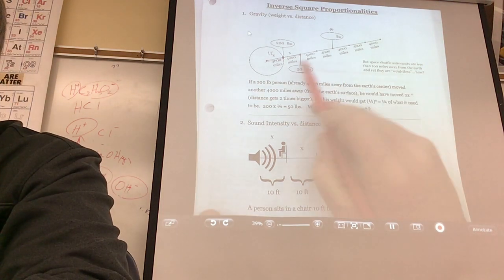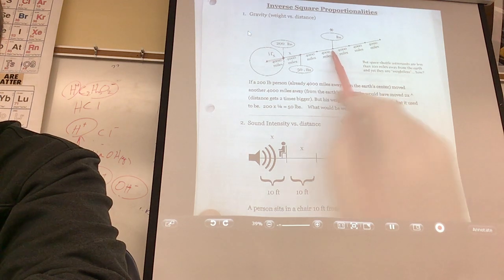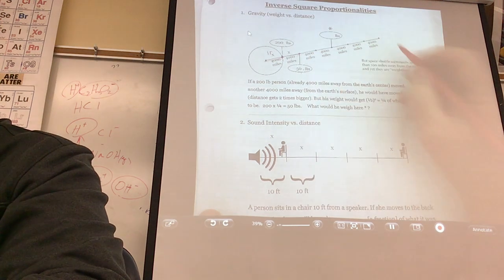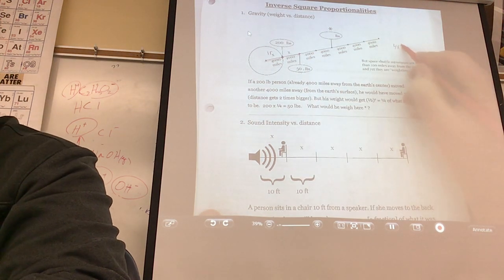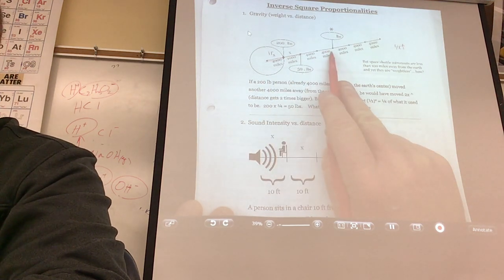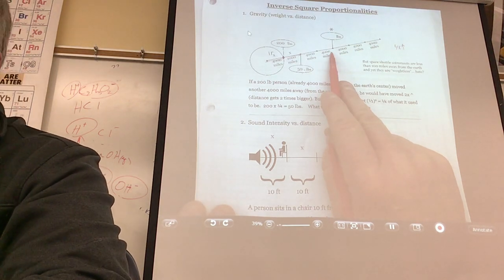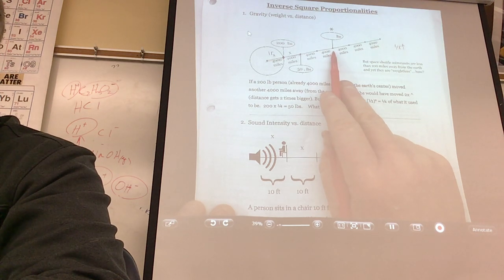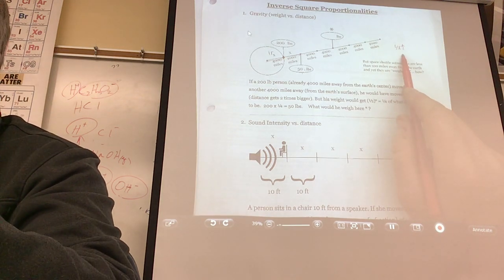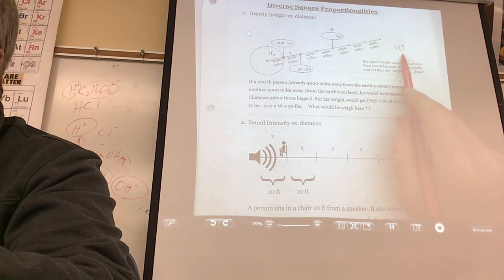Okay, let's do one more. What if I were to move here? Here's 1 Earth radius, 2, 3, 4. If the distance gets 4 times greater than it was, then what's my weight going to be? Inverse square. Inverse square what? If the distance gets 4 times greater, the weight has to get 16 times smaller.